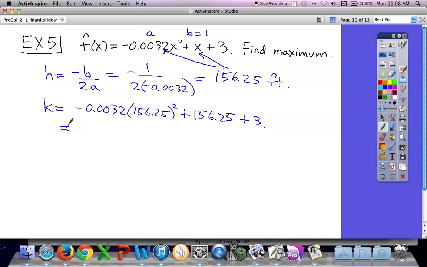So that is 81.125 feet. So the maximum height of the ball is 81.125. It occurs 156.25 feet from home plate. Right? So understand in this problem, they ask us for the f of x. They wanted to know what is that maximum.